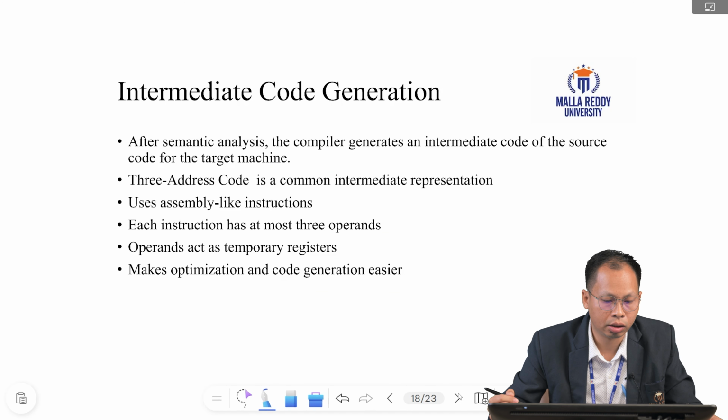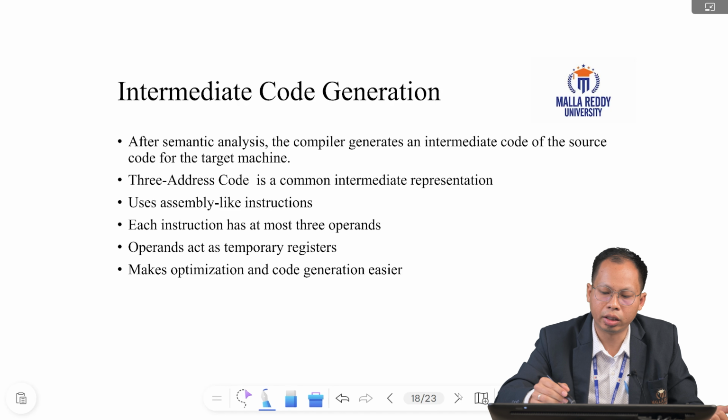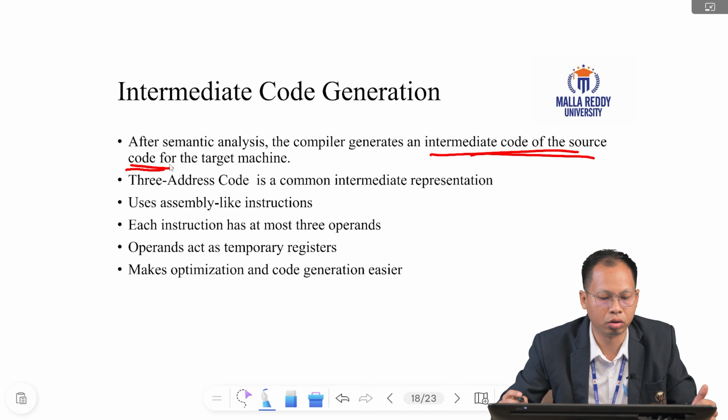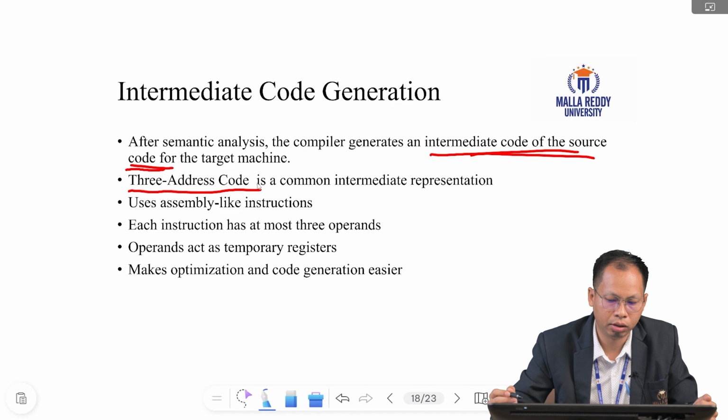So let's see the next, that is intermediate code generation. In this phase, we are trying to generate an intermediate code of our given source code. A commonly used intermediate representation is called three address code, which I'll discuss in the next slide.